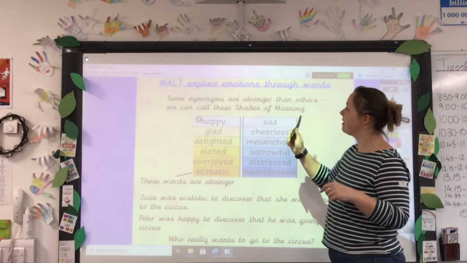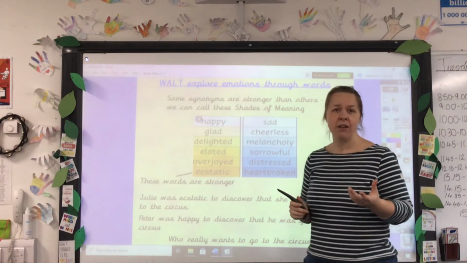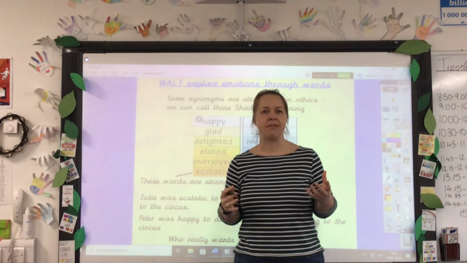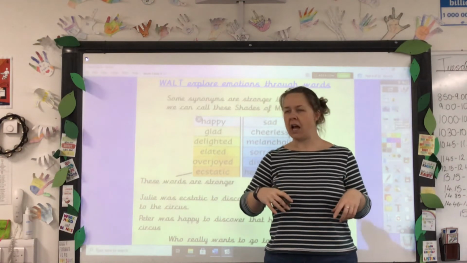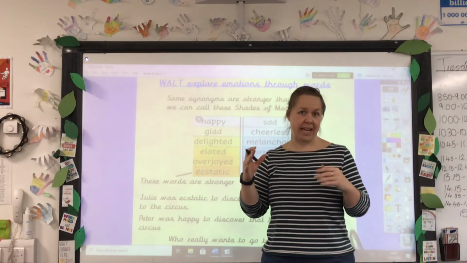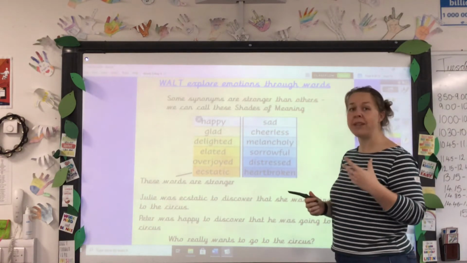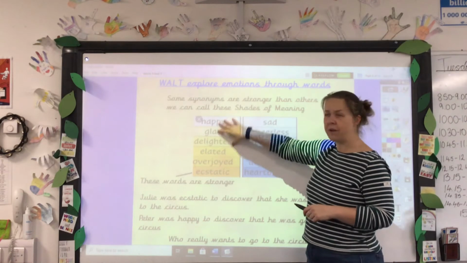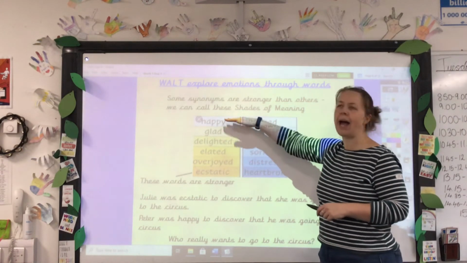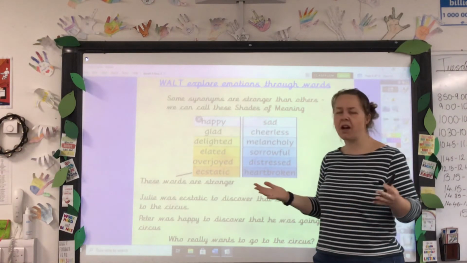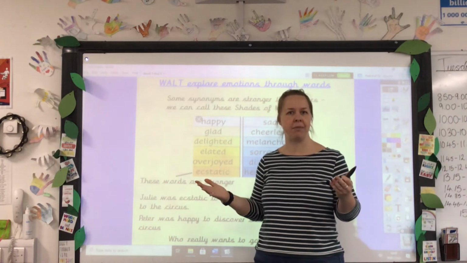So, some synonyms, and that's what we're looking at. Words that mean the same thing but are a different word, and there might be a different level of meaning, which we're going to talk about now. Some synonyms are stronger than others, and we call these shades of meaning. If you look at these ladders, you've got happy at the top, which is almost neither here nor there. Someone's happy about something.